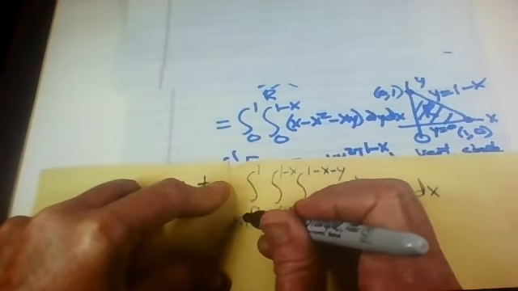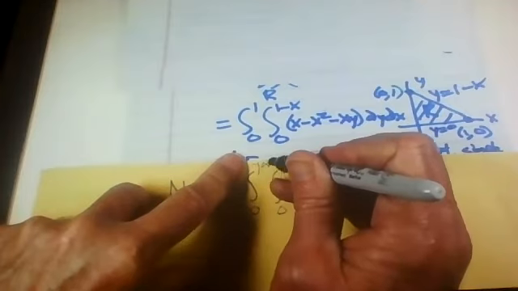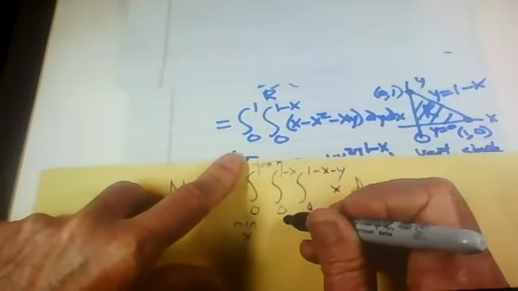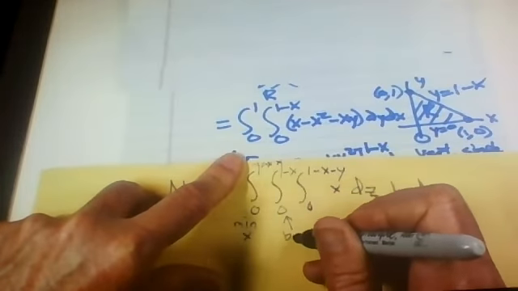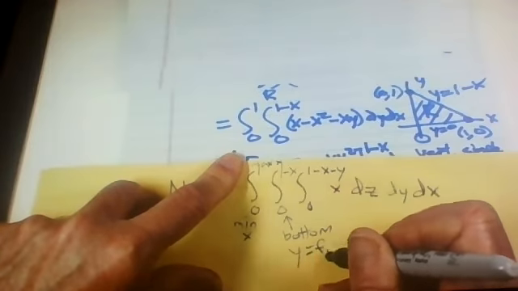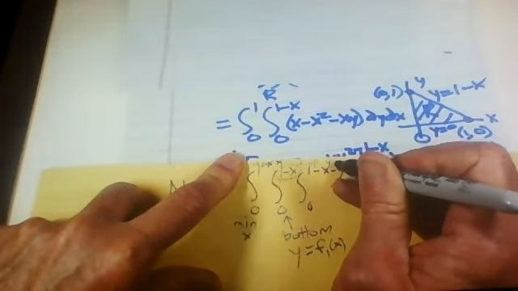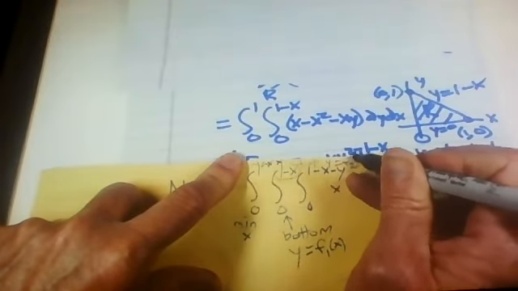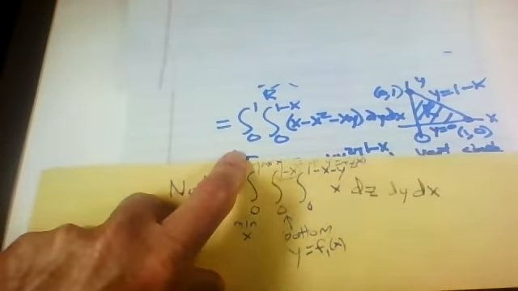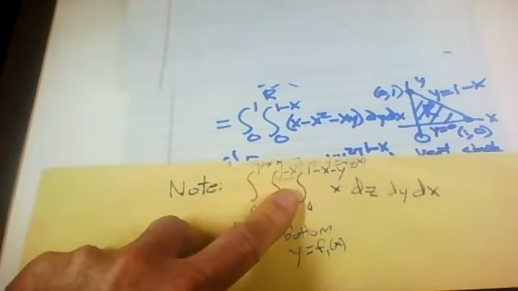The triple integral can be written as the integral from min x to max x, bottom curve in the xy plane, y equals f1 of x, to the top curve, y equals f2 of x, continuous functions, so the integral exists. Again, this works for some other things like piecewise continuous functions.